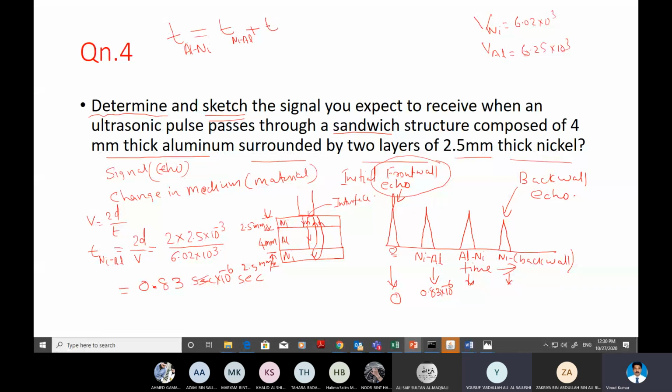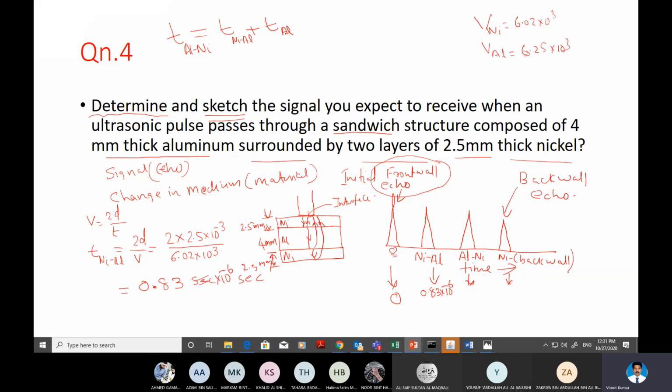Time required to reach aluminium, for the two phases. It is an interface, the aluminium nickel interface, we can say. Because here I have written aluminium nickel interface, I don't want to confuse here. That's why I put aluminium alone.